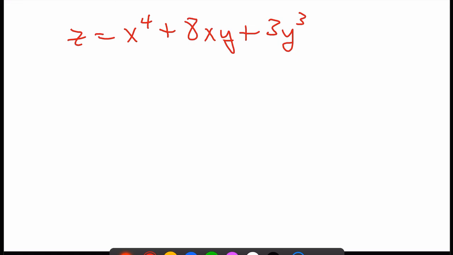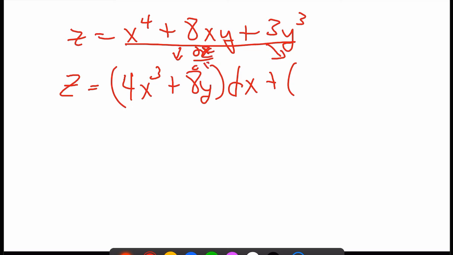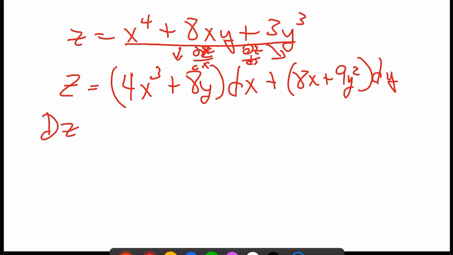The total derivative of this is 4x cubed plus 8y dx, plus the partial of this with respect to x, dz/dx, dz/dy, and then we get 8x plus 9y squared dy. And now I just divide that through by dz divided by dx.